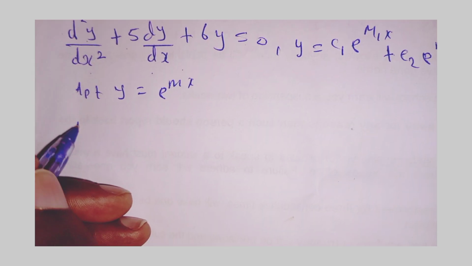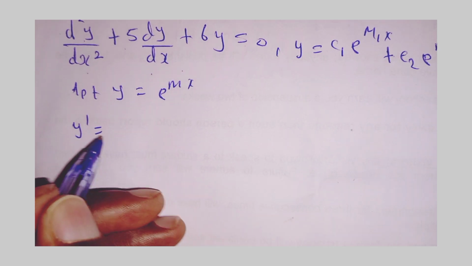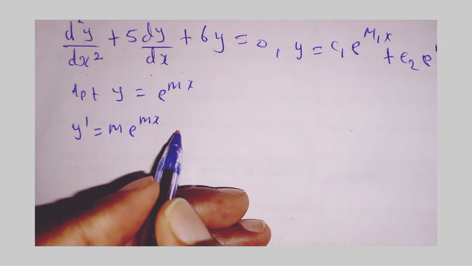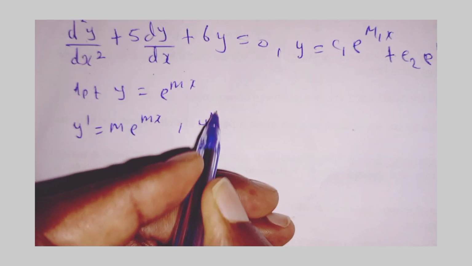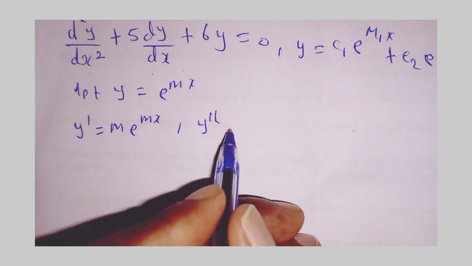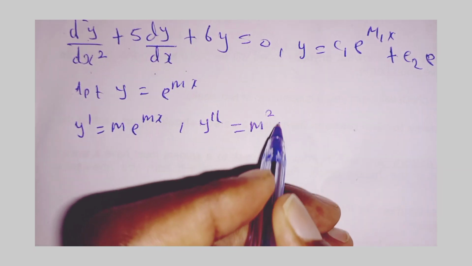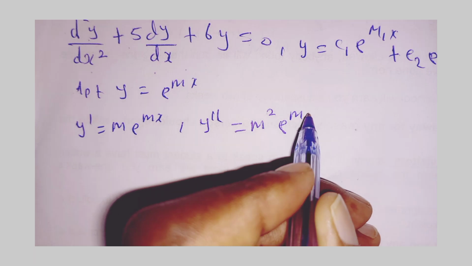Then we differentiate: y prime is equal to m exponential mx. Then we differentiate a second time, so you get m squared exponential mx.